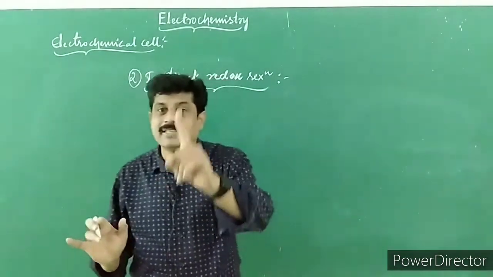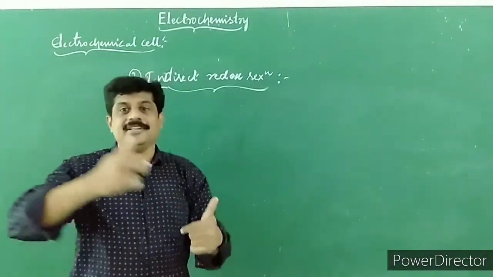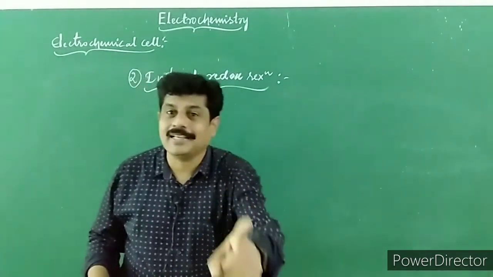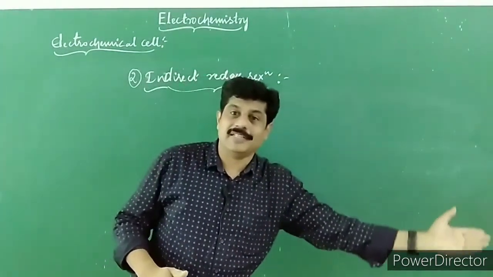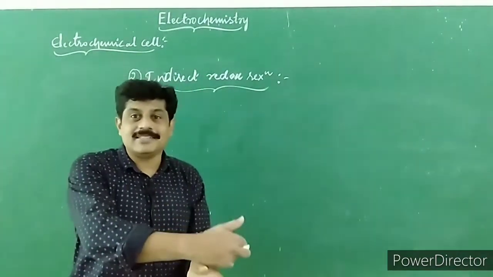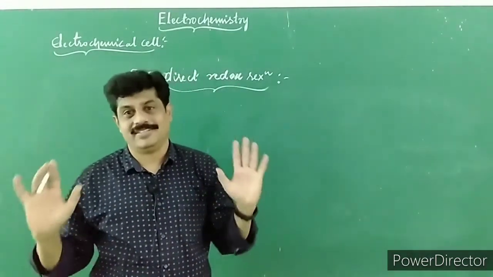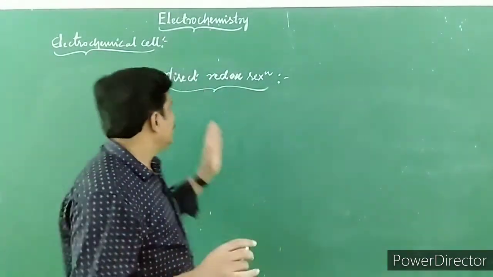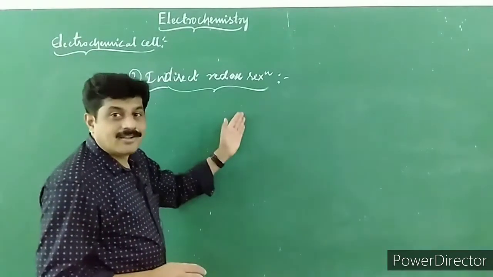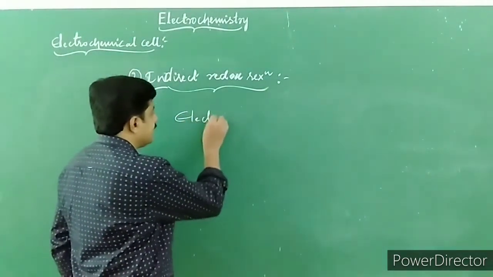Remember, the chemical energy of the spontaneous redox reaction is converted into useful electrical energy, unlike in the case of a direct redox reaction where the chemical energy of the spontaneous redox reaction is converted into heat energy and gets wasted. Children, for the indirect redox reaction, we can quote electrochemical cells as the examples.